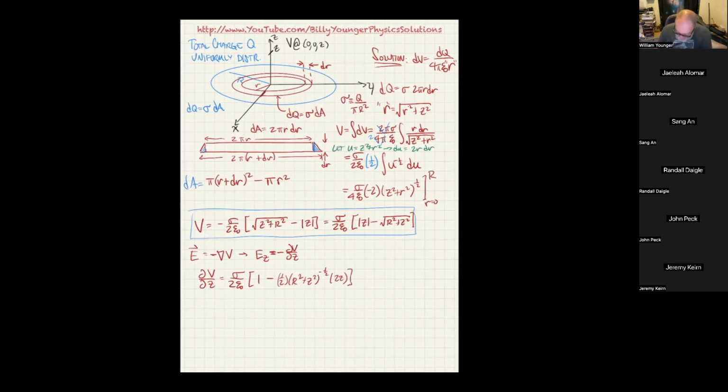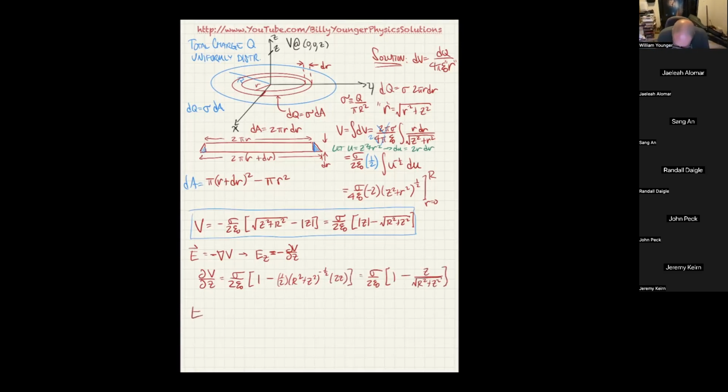What I get is that this is equal to sigma over 2 epsilon naught times 1 minus z over the square root of r squared plus z squared.